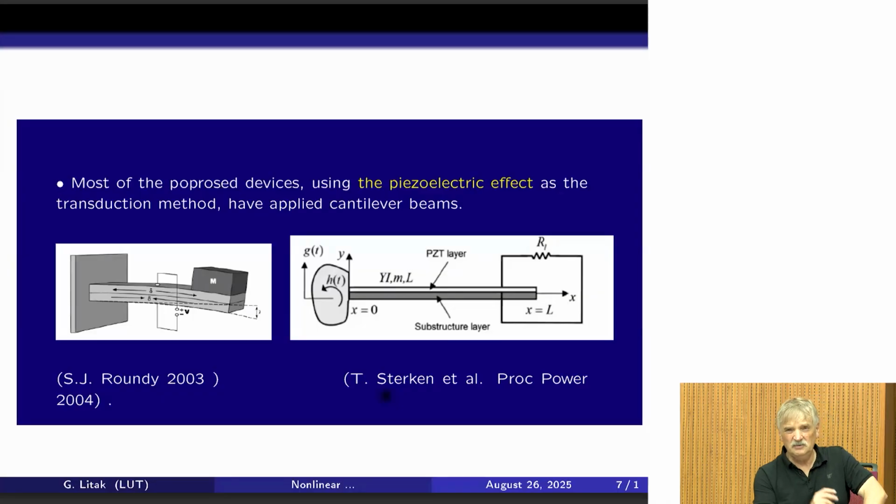I told you that the concept of piezoelectric energy harvesters appeared in the early 2000s. There were some concepts. However, people were disappointed because in that system you should work in the resonance area.